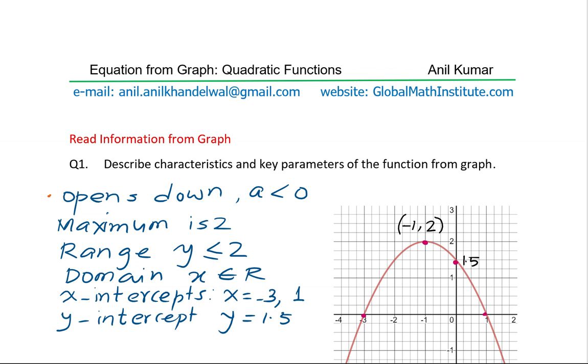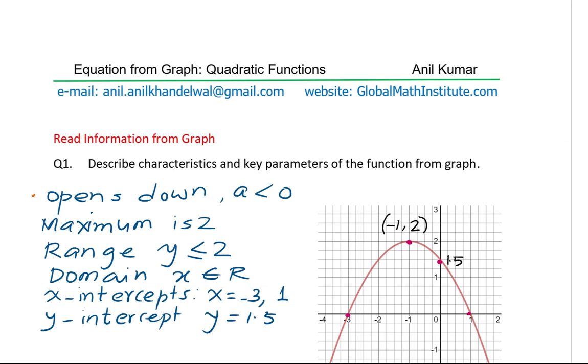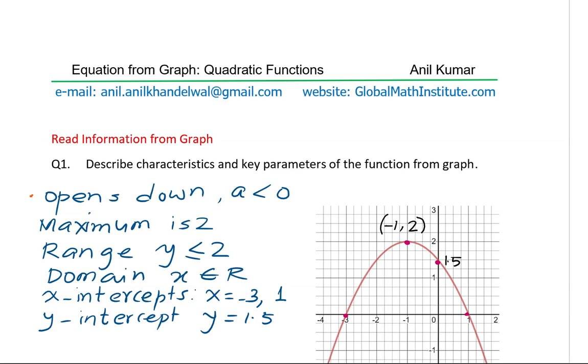Now a parabola also has an axis. The axis of symmetry is the line on which the vertex will lie. In this particular case, that is the axis of symmetry. The equation of the axis of symmetry is x equals minus 1.